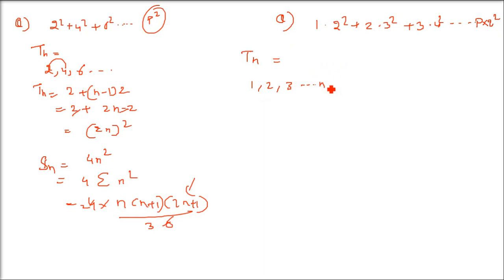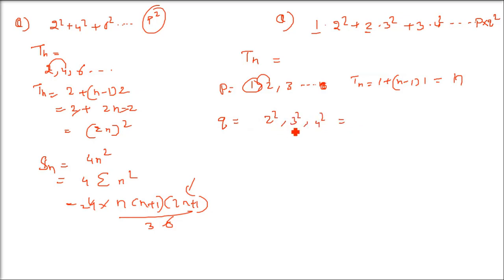You can use a plus n minus 1 into d also. A is 1, d is 2 minus 1, which is 1. So Tn is going to be n. How about 2 square, 3 square, 4 square? This is p, how about q?